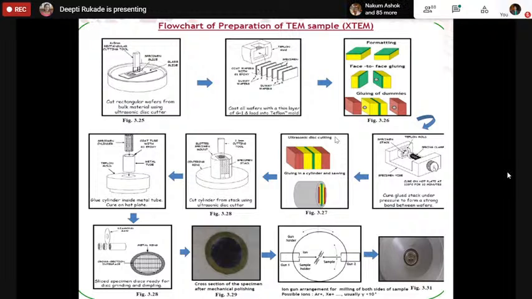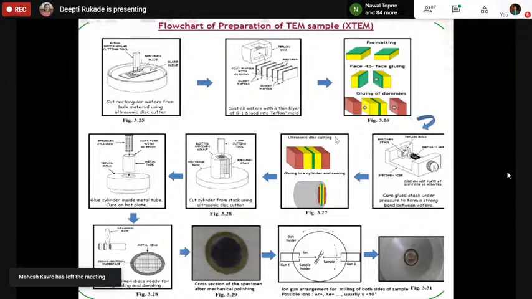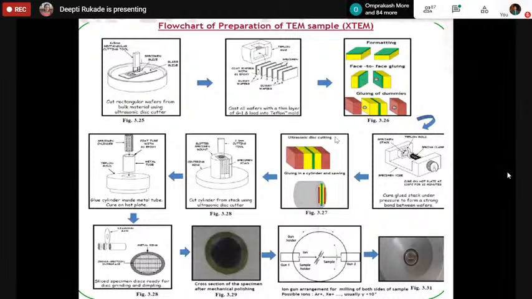Once that is done, you use a dimpler, and that 100 microns you further reduce to some 50, 60 microns. So the film has now become very, very thin, and it is very, very fragile. Once that is done, you use an ion beam to form an eye-shaped structure, like our eyes.